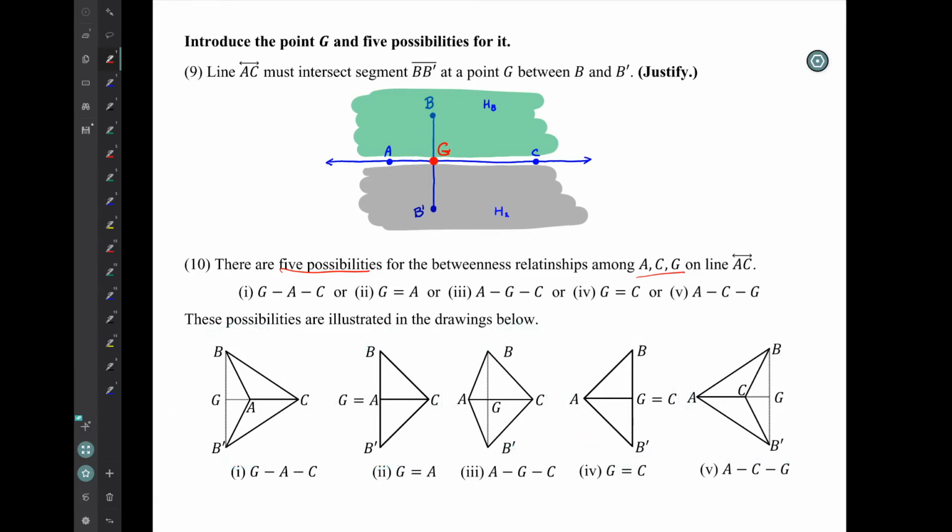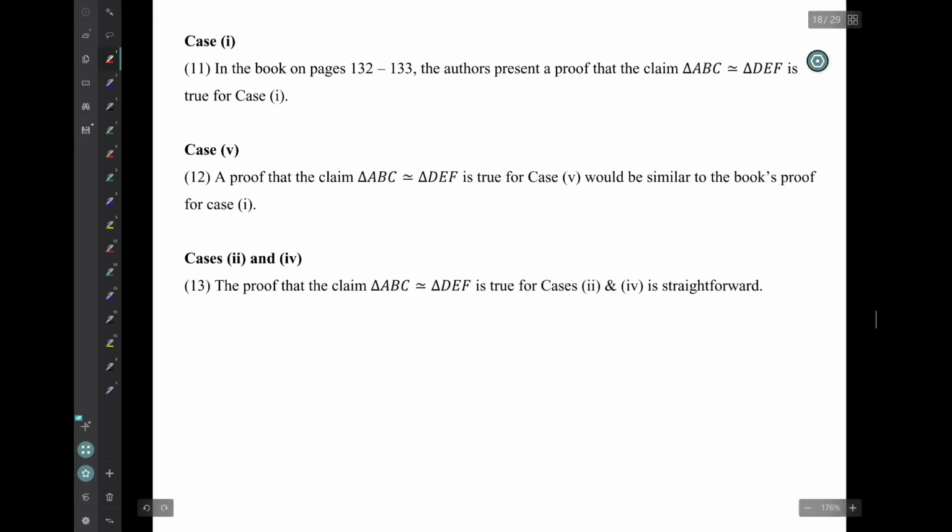So we have a big OR statement here. We have a statement that says either this is true, or this is true, or this is true, or this is true, or this is true. Well, remember that in a proof, when you arrive at an OR statement, you are set up to do a proof by cases. So that's what we do from here on. We have a proof involving 5 cases.